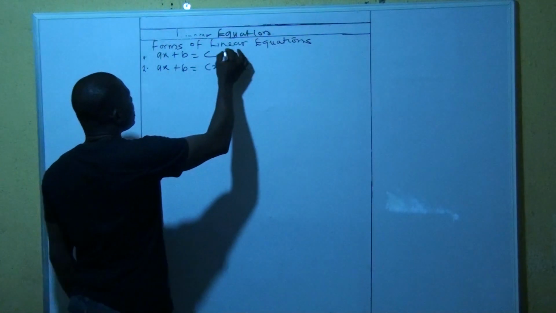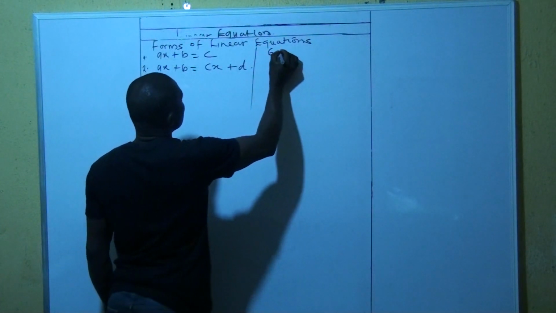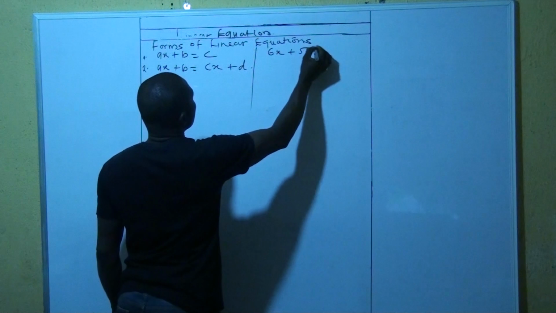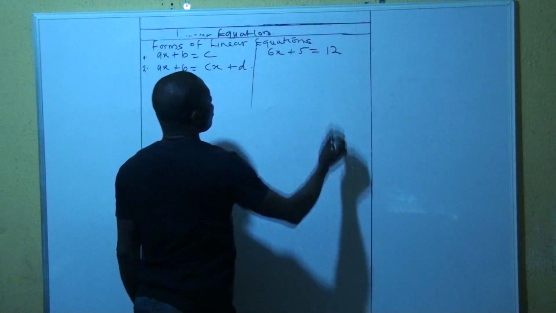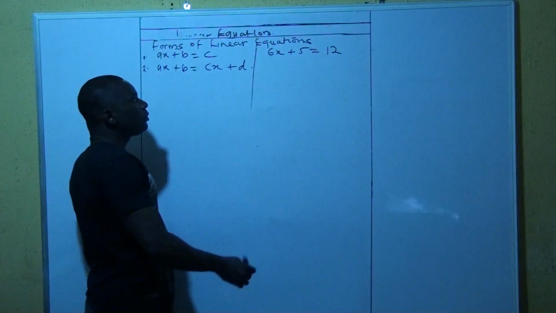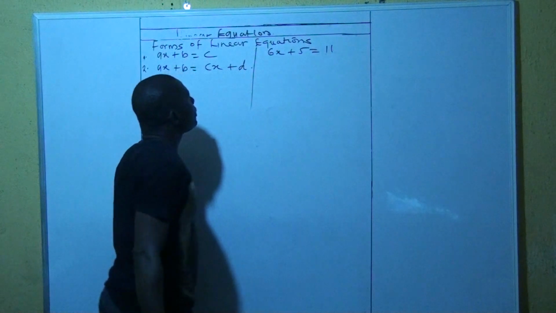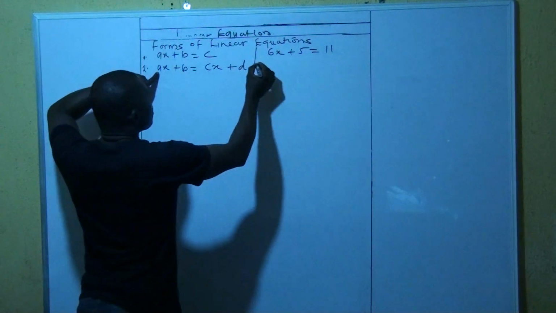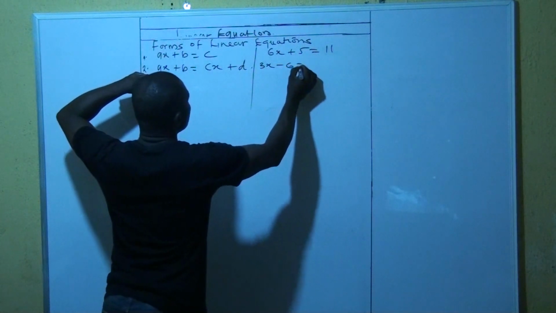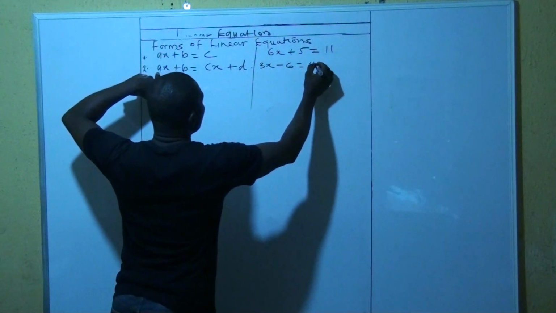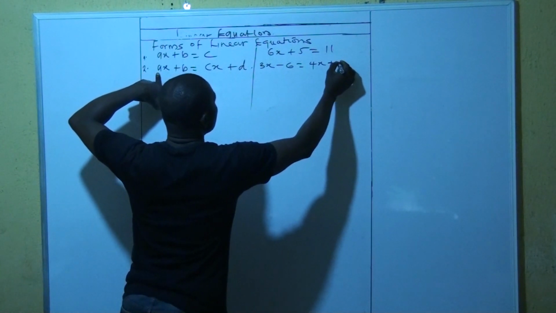Example for this, we have, let's say, 6x plus 5 is equal to, let's say, 11. Something like this, 3x minus 6 is equal to 4x plus 8.